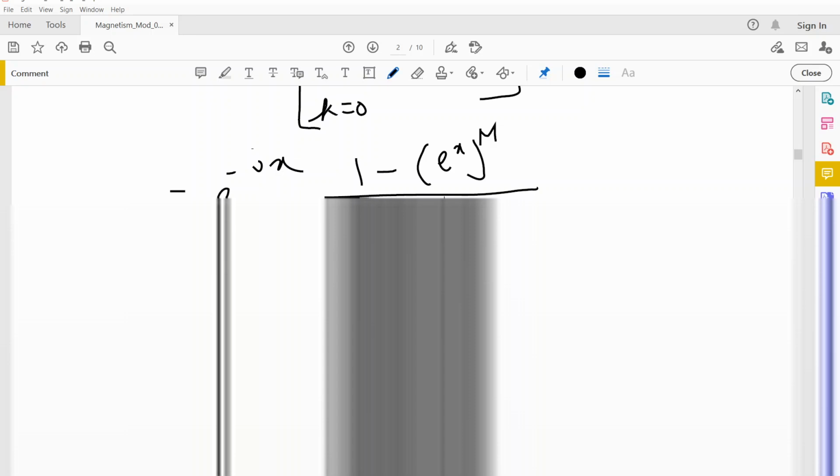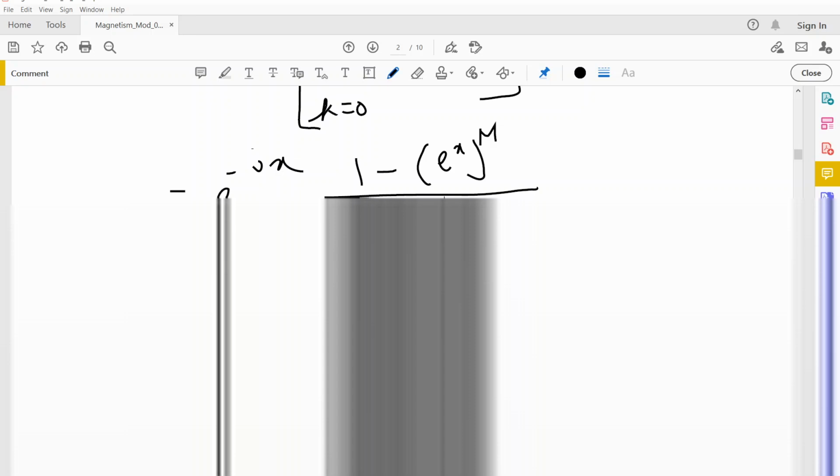Now you can write this expression. First, we have this factor, g mu B beta, right? Then we have this factor J plus half. Let me write it as (2J plus 1) over 2 here. Don't confuse, that's a beta, not the magnetic field, right?